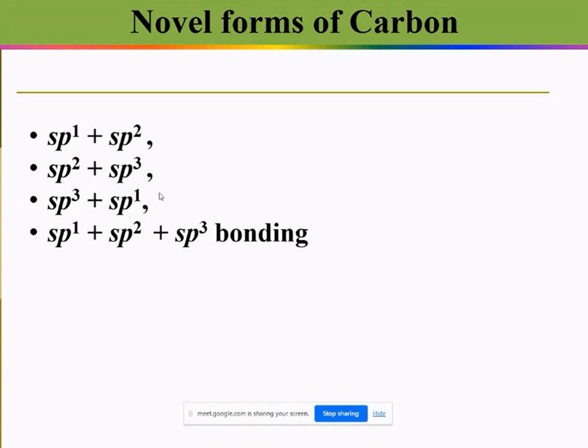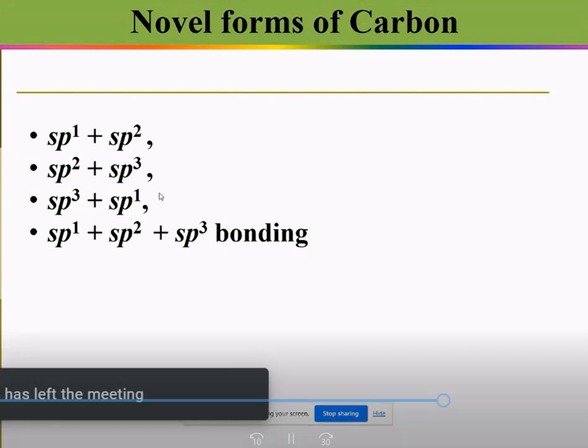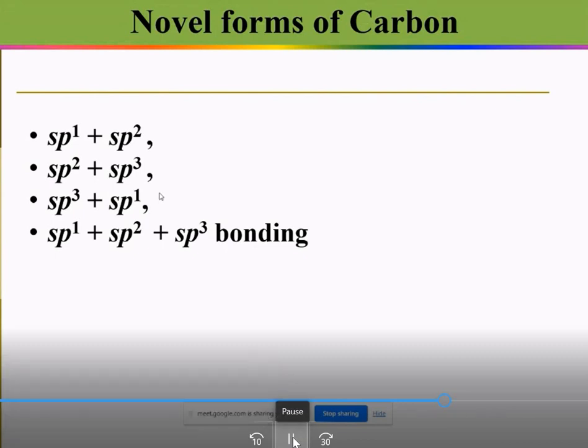For example, it can form sp1, sp2, or sp3. Depending upon the sp1, sp2, sp3, the structures can be linear, they can be planar, or they can be three-dimensional. But also carbon makes compounds in which there are multiple bondings present in the same compound.